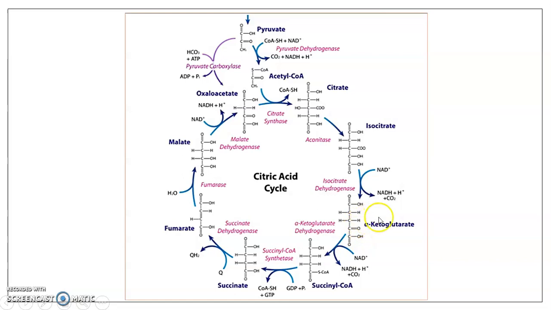This 5-carbon alpha-ketoglutarate undergoes another decarboxylation to produce a 4-carbon succinyl-coenzyme A, right? And succinyl-coenzyme A is again a transient intermediary product, so it will produce succinic acid later.